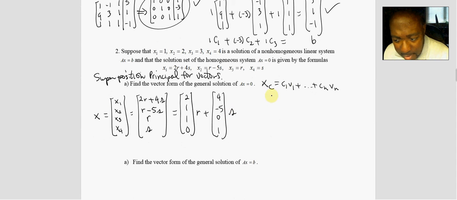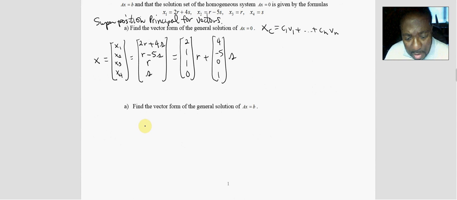So if you think about it, the v1 would be this vector here with 2, 1, 1, 0 in it, and the c sub 1, the coefficient or the scalar, would be r. And then v sub 2 would be the 4, -5, 0, 1, with this scalar being s or c sub 2.